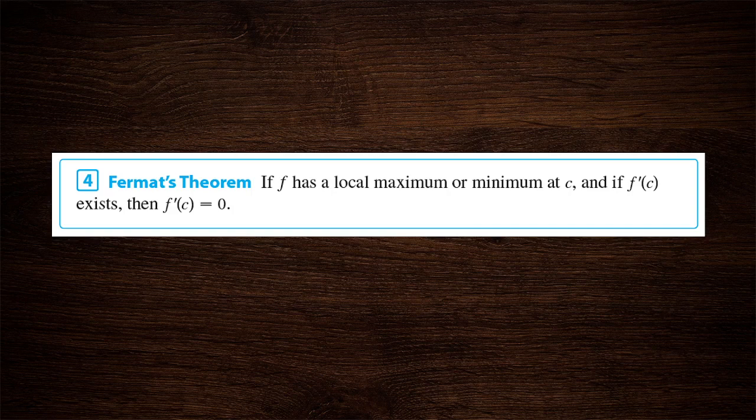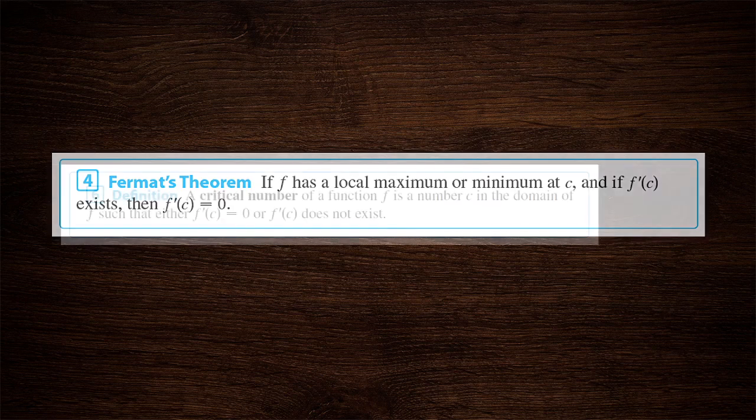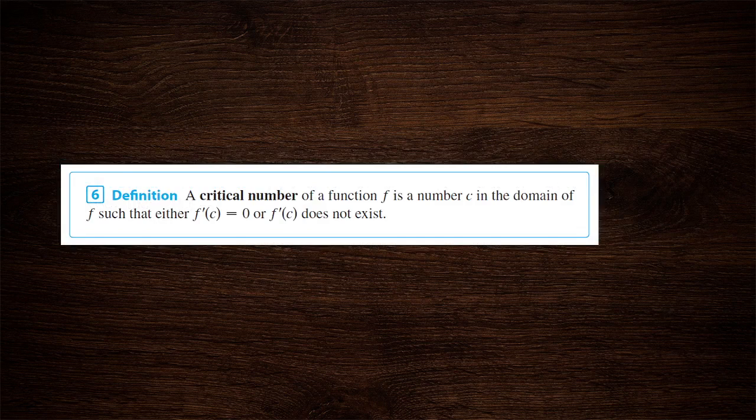Okay. Because you are trying to find the value of c, by using Fermat's theorem, you will apply it like this. Okay. And as a continuation of that theorem, we have what we call a critical number, and the critical number is the value of c.